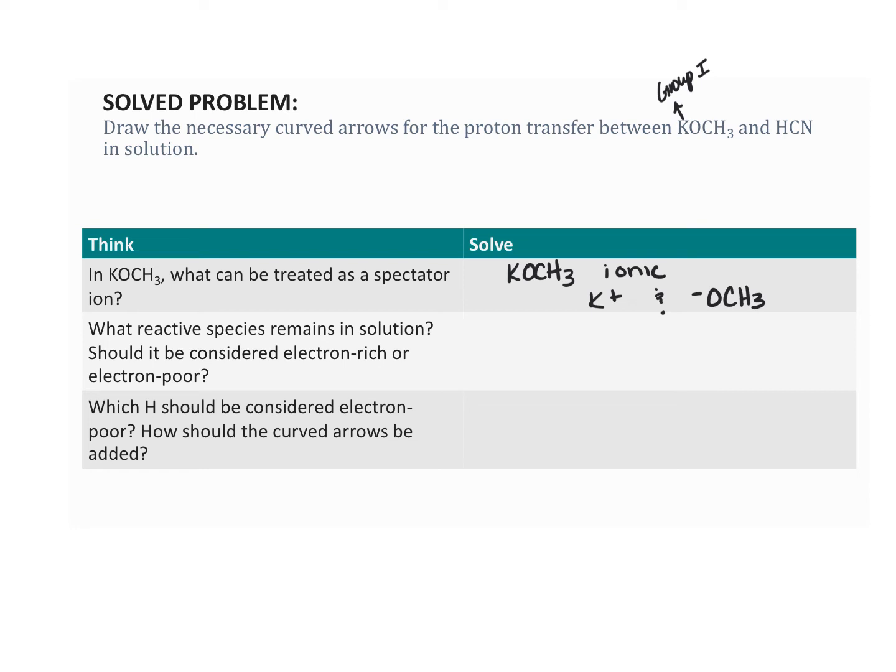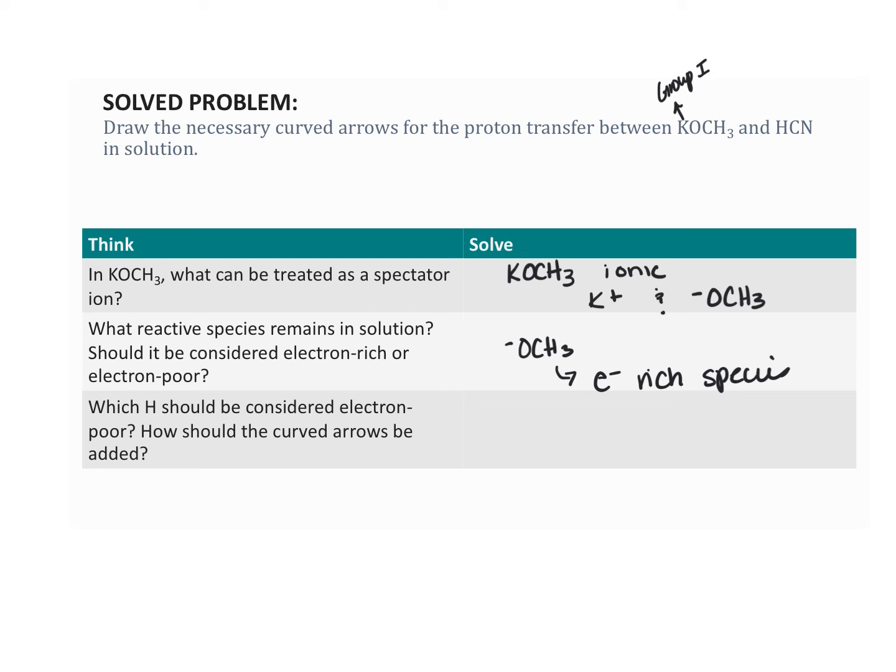By disregarding K plus, we consider just OCH3 minus as the reactive species that's going to remain in solution. It's going to bear a full negative charge, so we can go ahead and consider that as the electron-rich species.